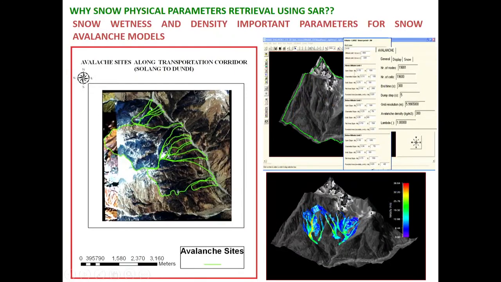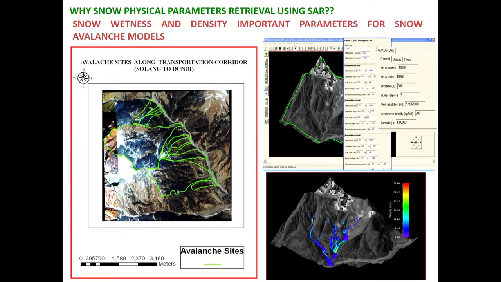So using this kind of model, where you have to provide the topography and the snow impact characteristics, you can do this kind of modeling. You can tell from where the avalanche will form, and where it gets deposited.